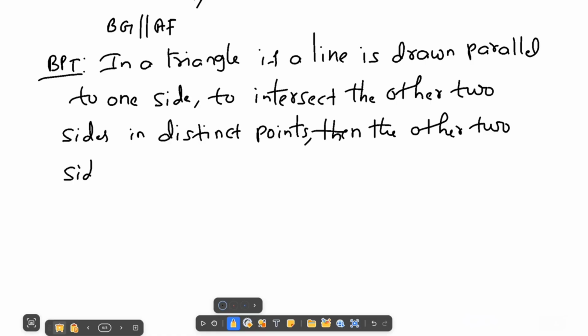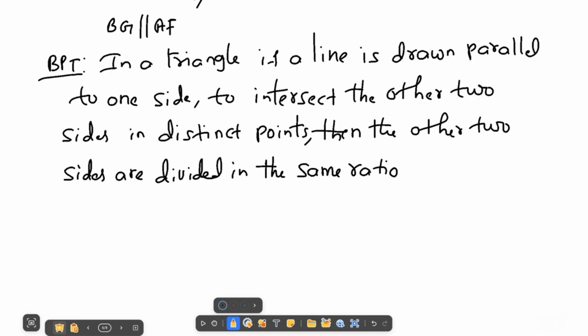So this is what the basic proportional theorem is.